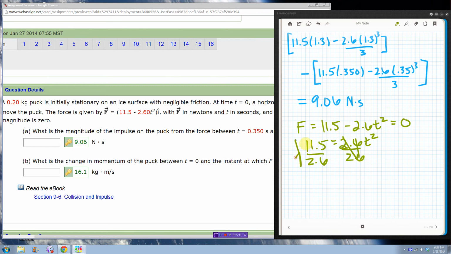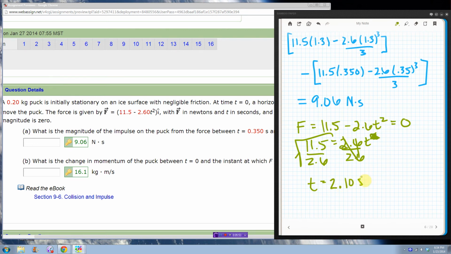And then I'll square root both sides to get t. If I do all that, I end up with the t when F equals 0 is 2.10. I'm only going to 3 significant figures because that's what they gave me, 2.10 seconds.